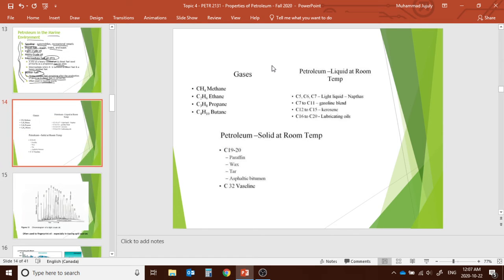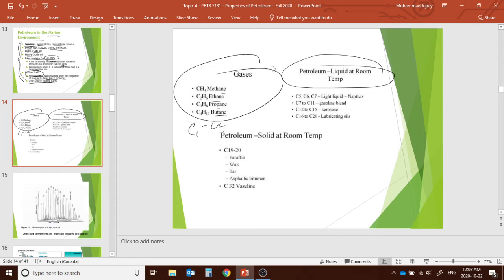Now the gases we have are C1 to C4: methane, ethane, propane, and butane. Petroleum that is liquid at room temperature is C5 to C20, from the light oil like the gasoline blend, or the kerosene or the lubricating oil.